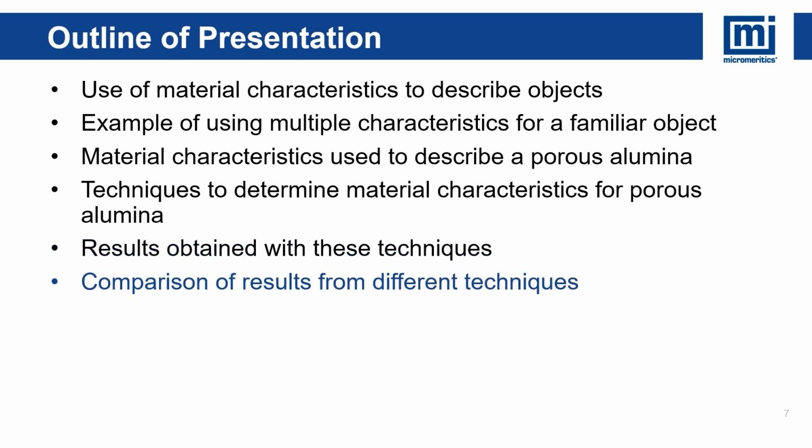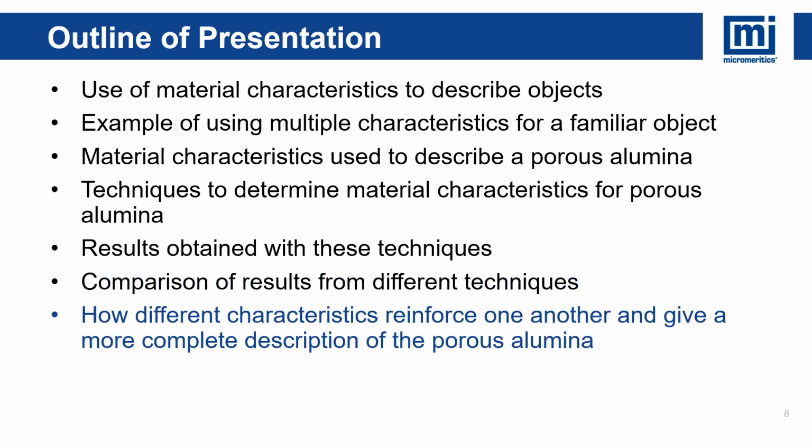For the techniques that provide similar results, we will compare those one to the other and take a look at which techniques maybe are a little better for some characteristics and which techniques are better for others. We'll take a look at how the combination of the results from these different techniques overlap, how they reinforce one another, how they provide a much more complete description of the porous alumina than, say, the results of a single technique would be able to provide.